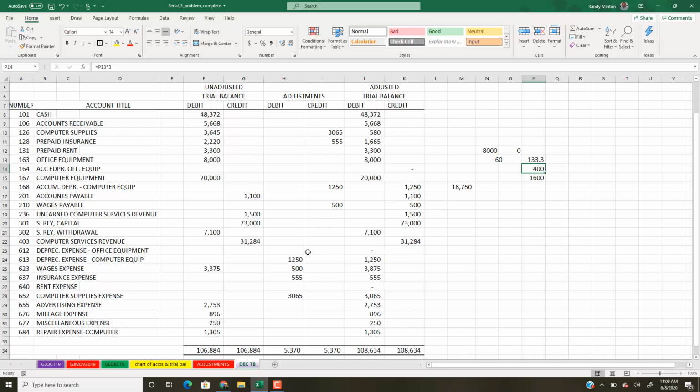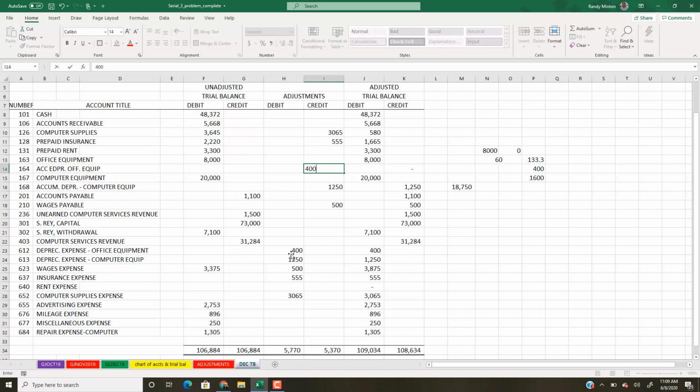Okay, and so if I come up here and I find a depreciation expense, office equipment, 400, and over here someplace I'm going to find my accumulated depreciation. Oh, there it is. Good. I thought for a minute I hadn't picked it up.